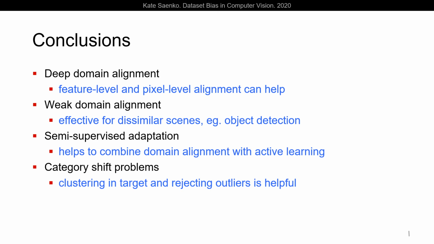I also introduced the idea of weak domain alignment, which can be effective for dissimilar scene layouts, for example, as applied to object detection. I've talked about how we can use active learning in combination with domain alignment to do semi-supervised adaptation, and I've also briefly alluded to the fact that we might have category shift problems, and that's something that we also need to deal with in this setting, and briefly proposed a solution for that problem.